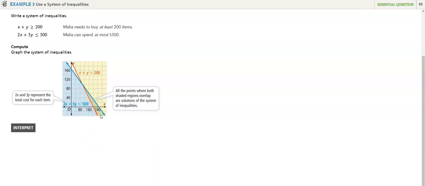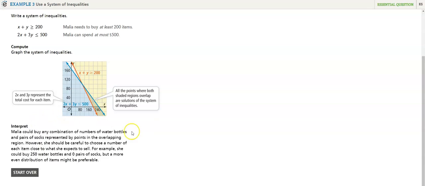However, again, because this is a real world problem, we need to think realistically, okay? Malia could buy any combination of water bottles and pairs of socks, but she has to be careful, okay? Because she has to sell these. That's how she's raising money. And you have to think that it's not just all water bottles that someone's going to want.